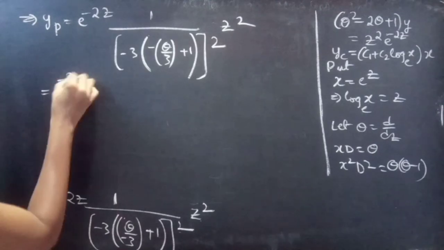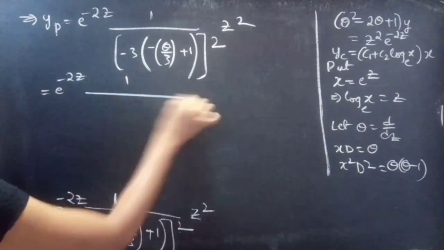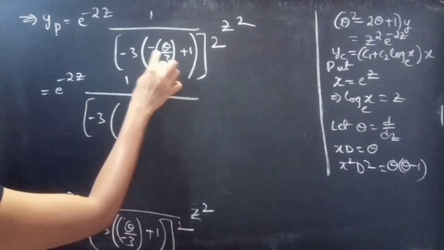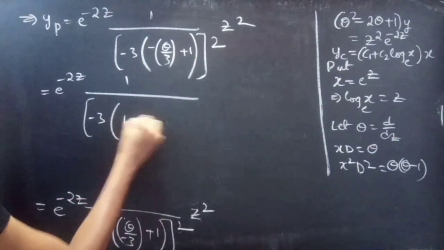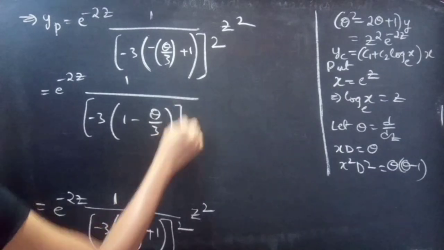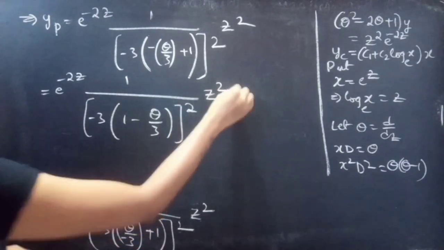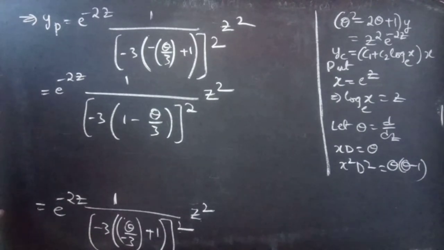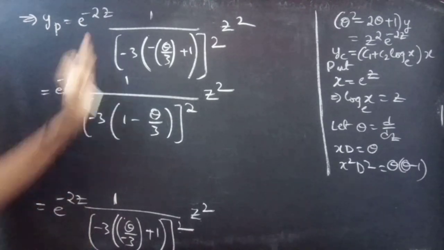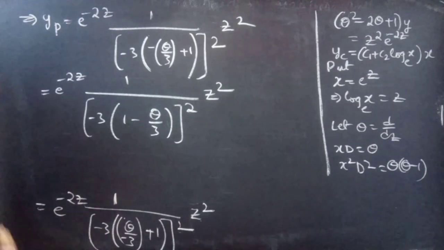This is equal to e power minus 2z into 1 by minus 3 into, we can write minus of theta by 3 plus 1 as 1 minus theta by 3 whole square into z square. So by doing this long process, we won't make any mistakes. Okay? In examination, you may leave out a minus or plus and get wrong answers. So it is easy to get the right answer simply by following this process. Okay?